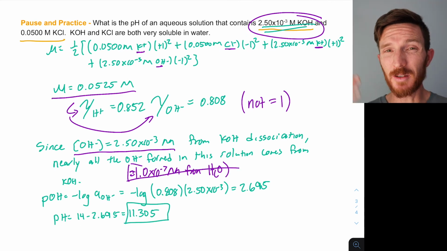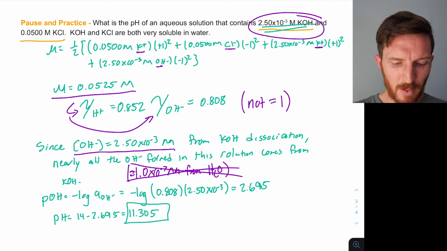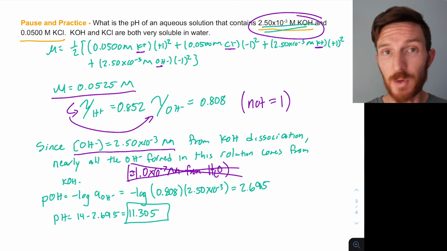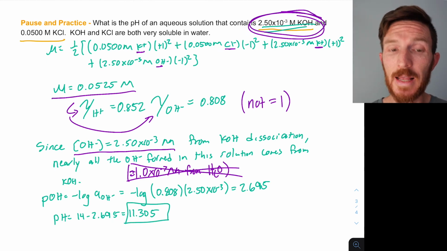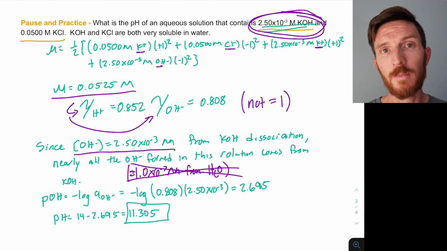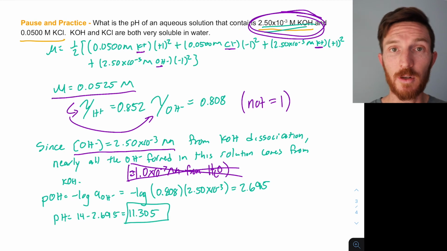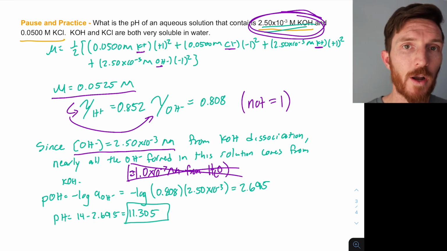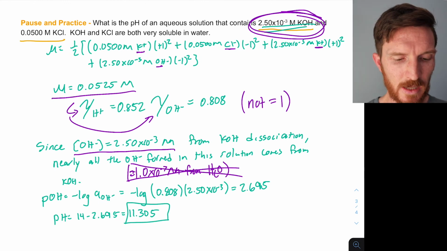There's a very small amount that would possibly be contributed by the water molecules producing some hydroxide, so effectively, we can ignore that. That's because we have such a larger concentration, 4 orders of magnitude, of our potassium hydroxide relative to what we would have gotten from water before we even added the potassium hydroxide.